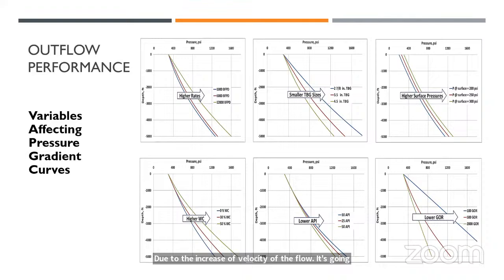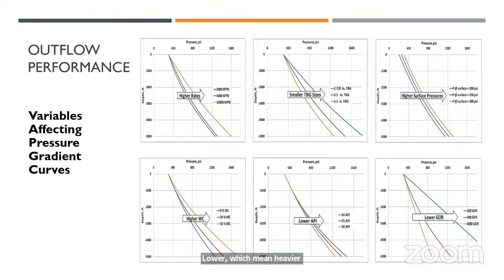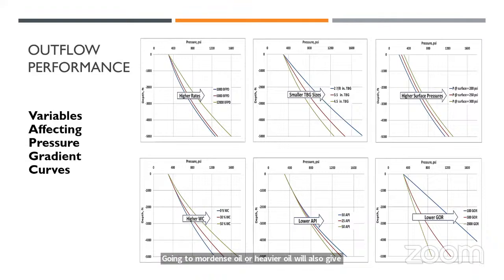If we have higher surface pressure, we need more pressure from the bottom hole flowing pressure to lift this liquid to the surface. Again, high water cut will increase the pressure losses. Lower API, which means heavier or denser oil, will make higher pressure losses going to the surface. Lower GOR, going to denser or heavier oil, will also give us more pressure losses. So these are the major variables affecting the pressure gradient curve.